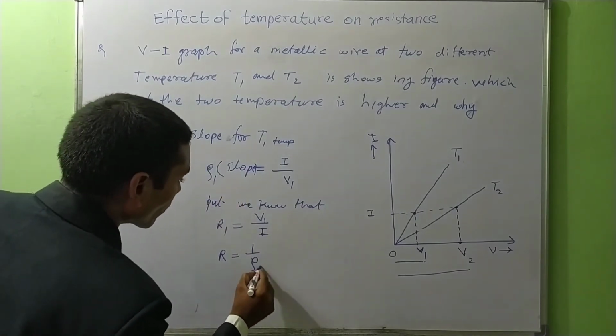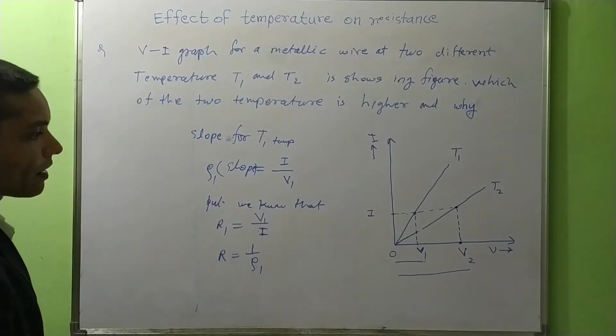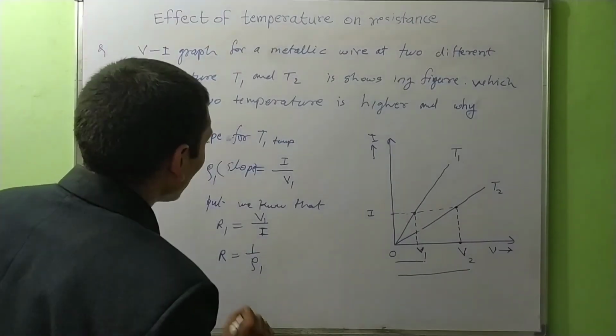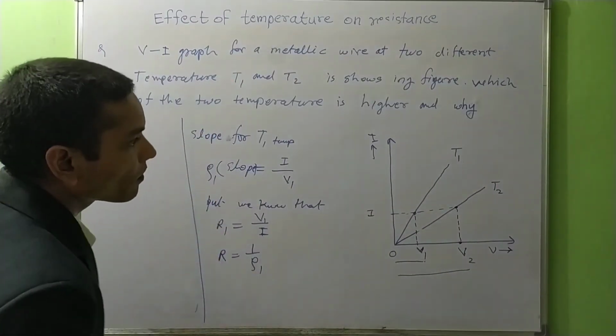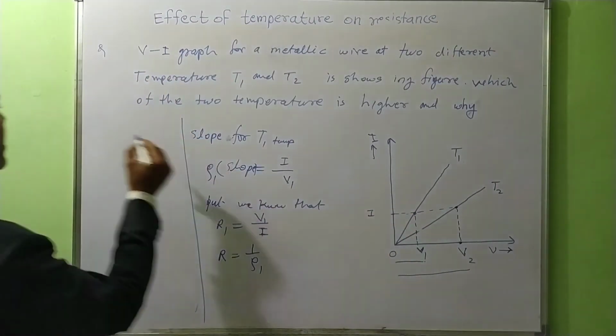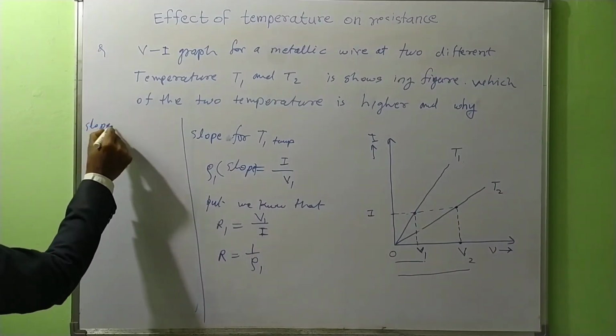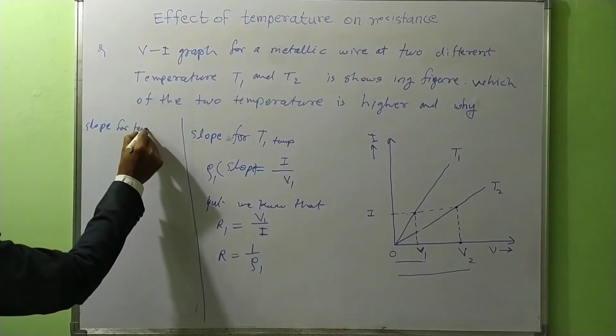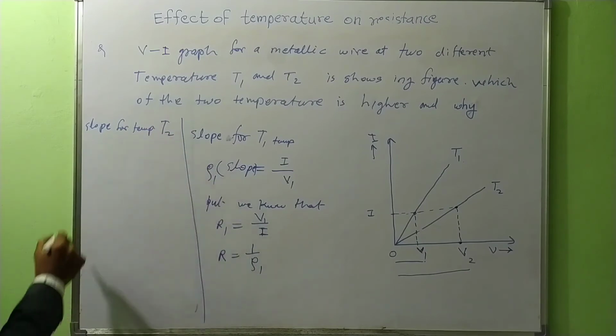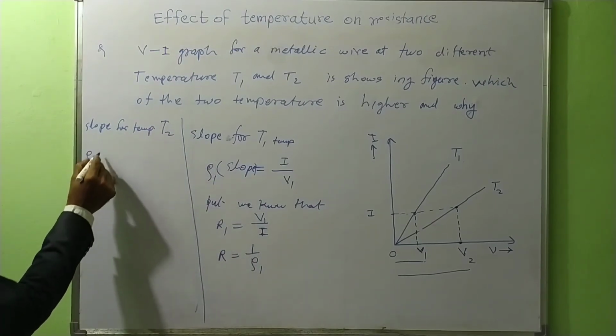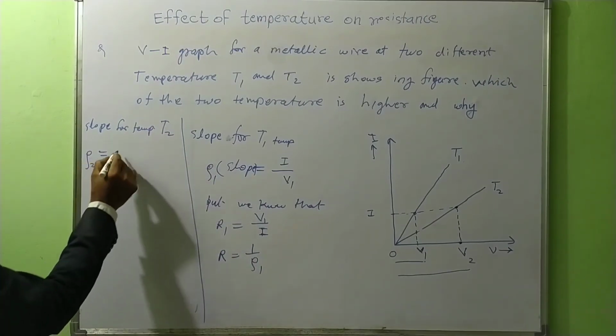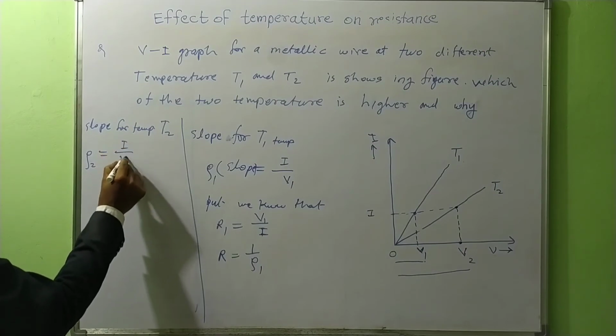Now the slope for temperature T2 will be equal to I upon V2.